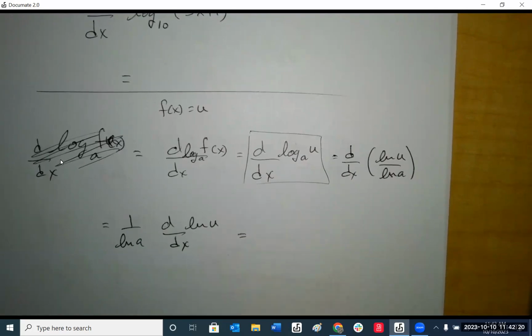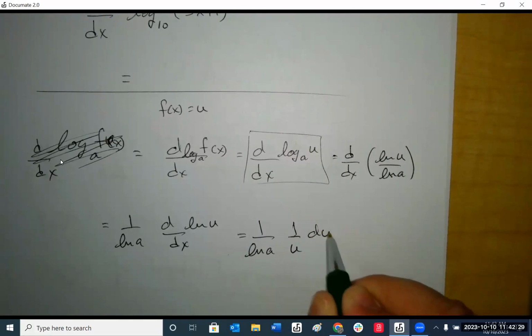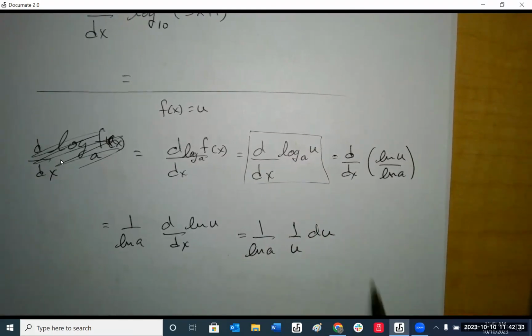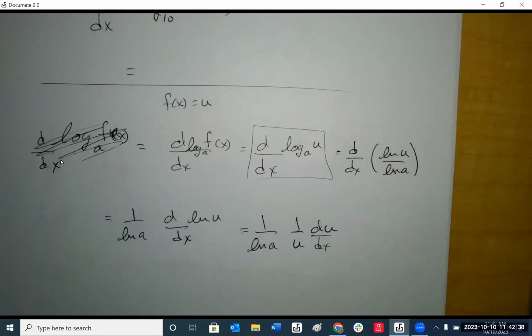What's the derivative of ln u? One over u du, the du with respect to x. So this is the shortcut answer.